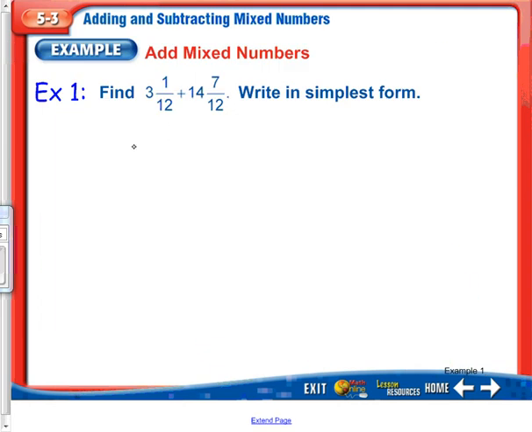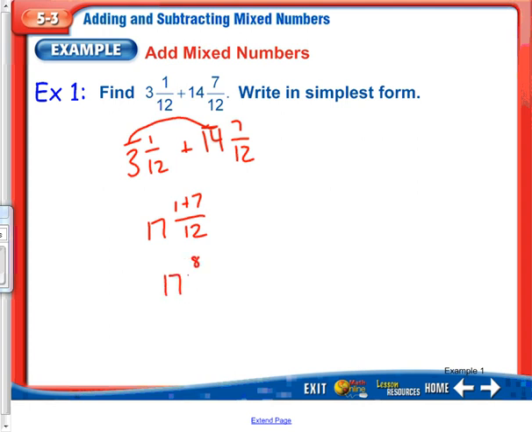So I'm going to rewrite this problem, 3 1/12 plus 14 7/12. Well, I can actually go ahead and add my whole numbers. So 3 plus 14 is 17. And then I'm going to add 1 plus 7 over 12. And then I can rewrite that as 17 8/12. And now I need to simplify.